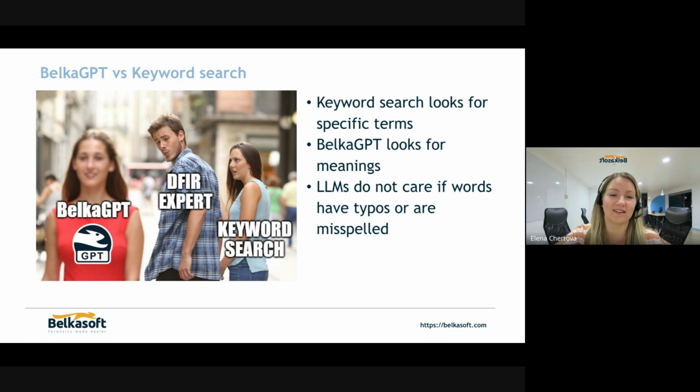So the first thing, like you mentioned before, keyword searches look for specific terms, and even with such functionalities as keyword lists that can include thousands of words related to a topic, you can do a lot. But still, if things can be expressed in synonyms or even metaphors, large language models can understand them.